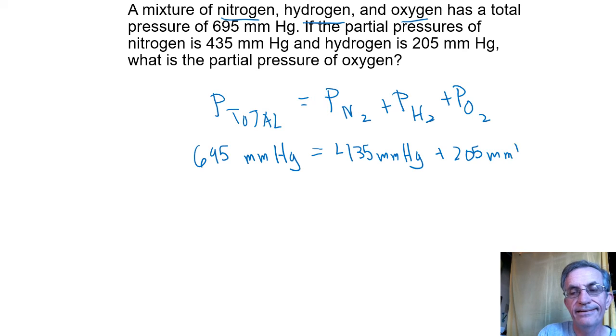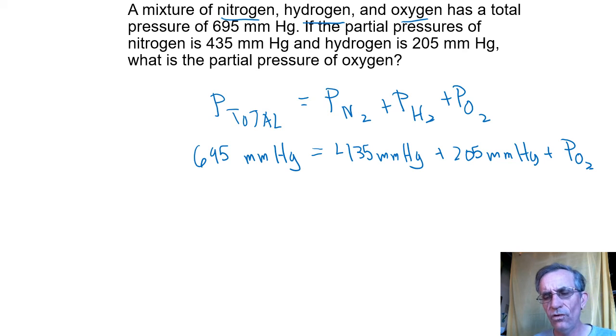Well, they want me to figure out the pressure from oxygen. All right, so we can figure that out. And we're going to have to do a little algebra. And this time, notice that there's plus signs there, right? So we got to move things from the right-hand side over to the left-hand side.